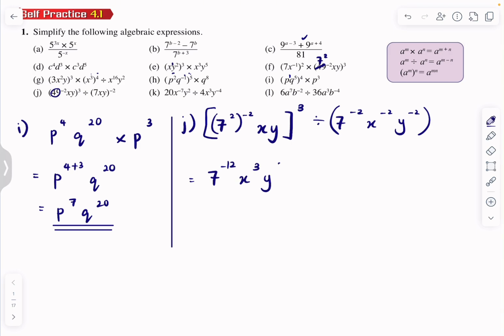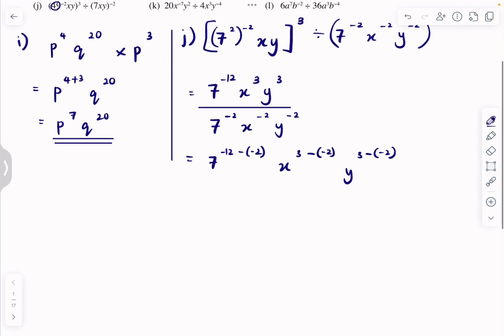X cubed, y cubed. Then divide, I can write it as over 7 to the negative 2, x to the negative 2, y to the negative 2. So if divide, the power will become minus negative 2, x cubed minus negative 2, y cubed minus negative 2. Negative 12 plus 2 is negative 10.